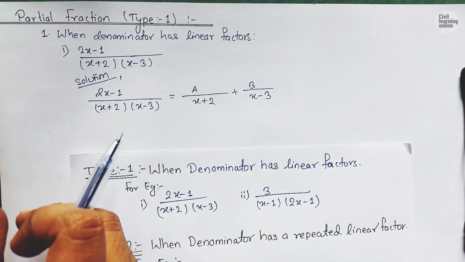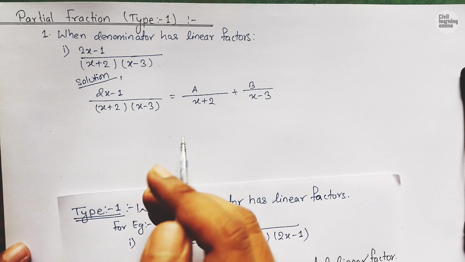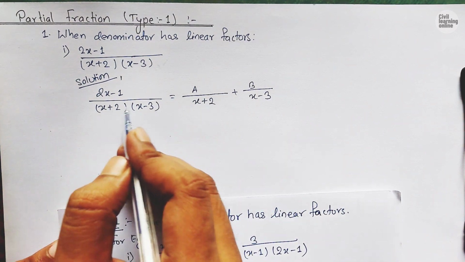The next step is to multiply both sides by the denominator.